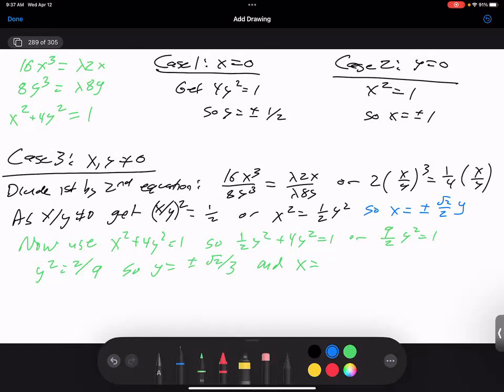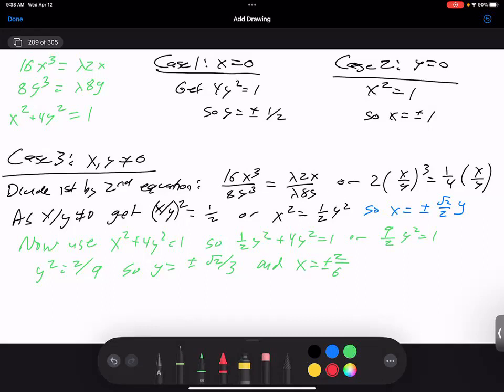Right, because if x squared is 1/2 y squared, then x is going to be plus or minus √2 over 2 y. So when I plug that in, I will get x is equal to √2 over 2 times y. So I'm going to get, I think, 2/6 plus or minus 2/6.